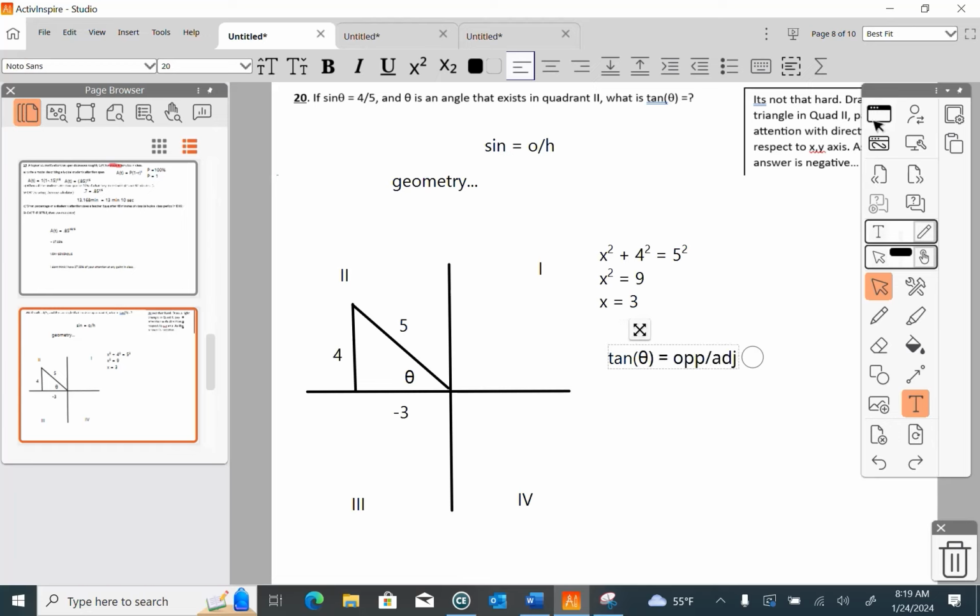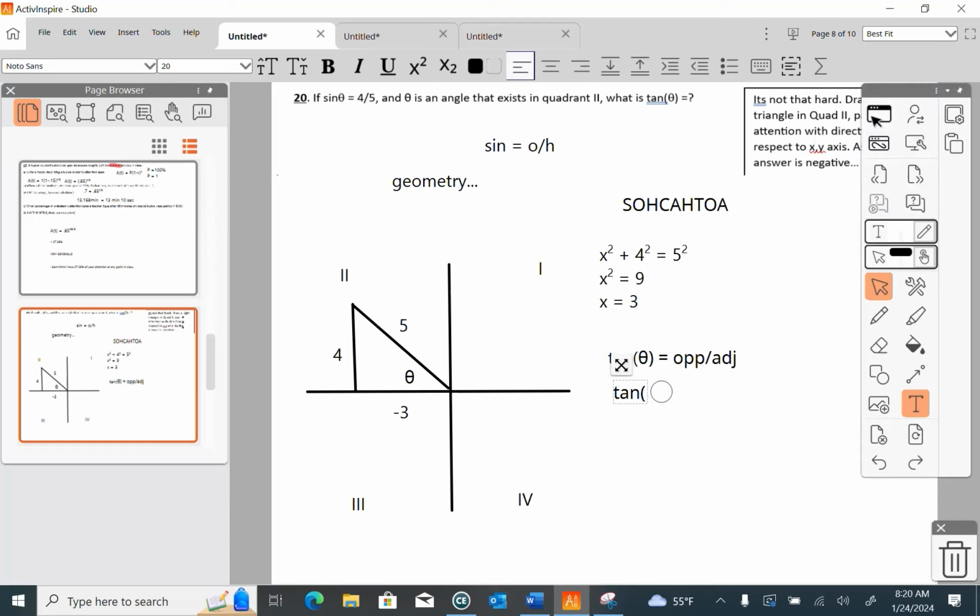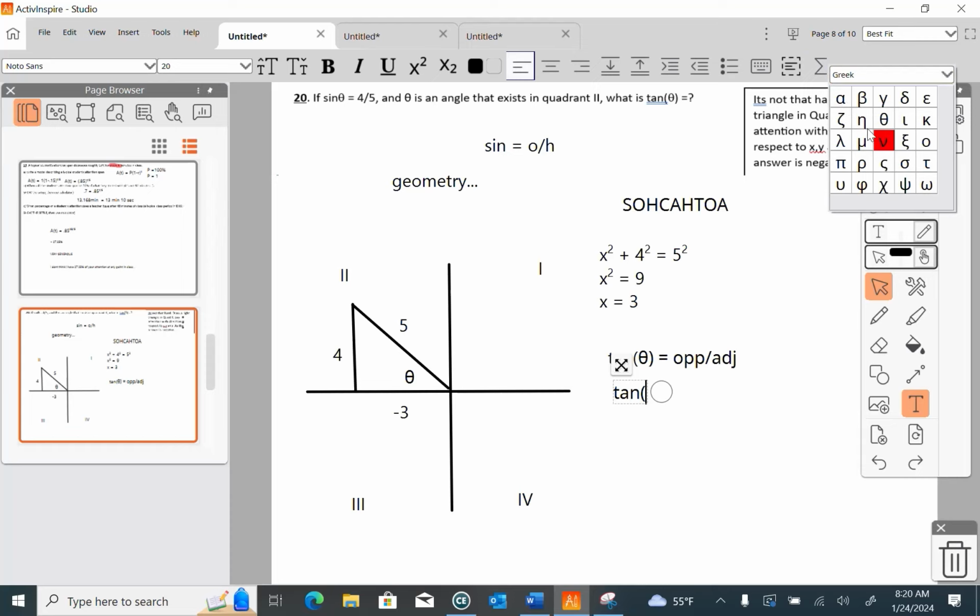Now, if you're wondering how I know about this whole opposite over hypotenuse and opposite over adjacent, it's because I know SOHCAHTOA. That's how. So use that. Anyways, opposite over adjacent. You guys see what I'm saying? I'm literally touching the... I don't understand what's happening here.